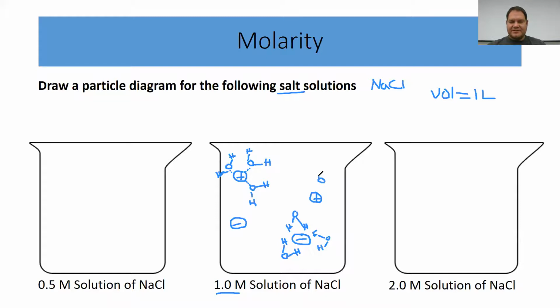You're going to draw those and so forth. I know this is taking some time, and hopefully your drawings are much faster. You get the idea, we're just drawing these down and surrounding these ions.